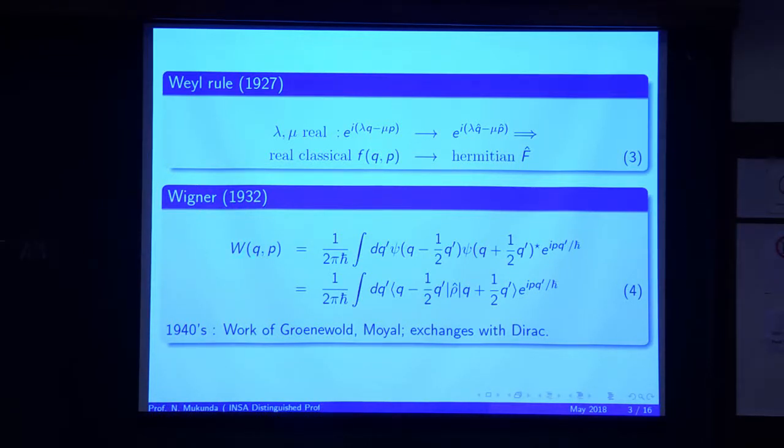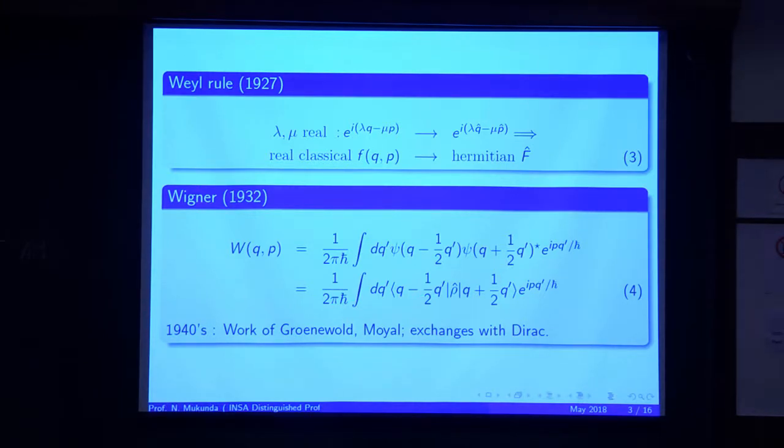The Wigner function for a pure state with wave function psi is obtained in this way. You split the arguments of psi and psi star by Q prime and take the Fourier transformation with respect to Q prime. If you have a general state with a density matrix rho, you use the Q space matrix elements of rho in this manner.